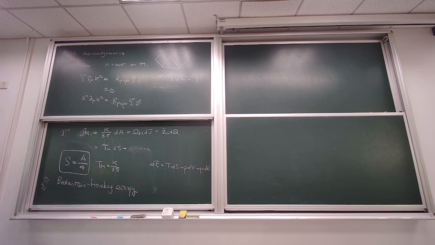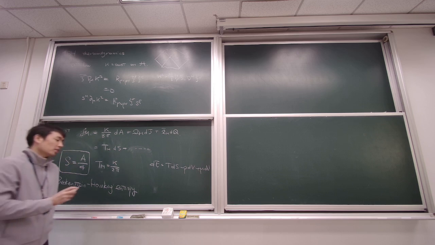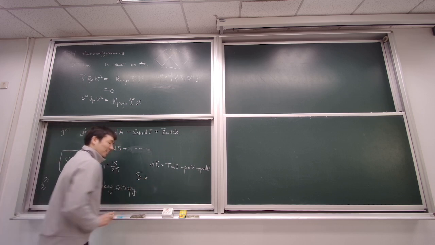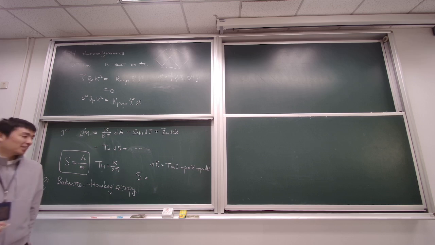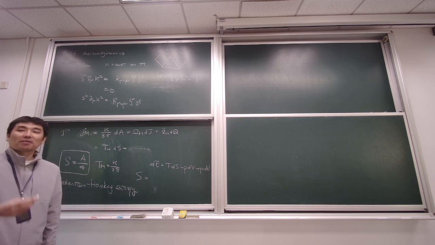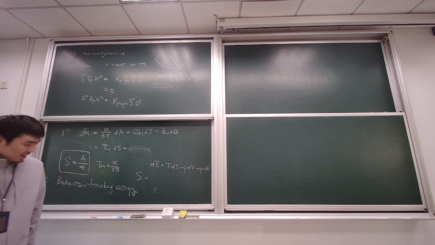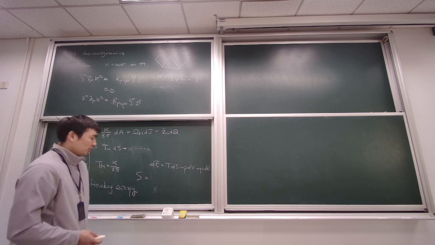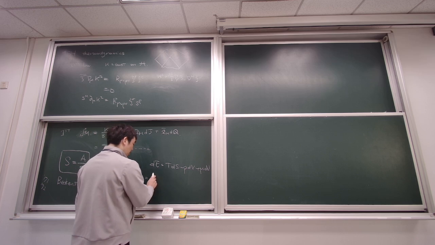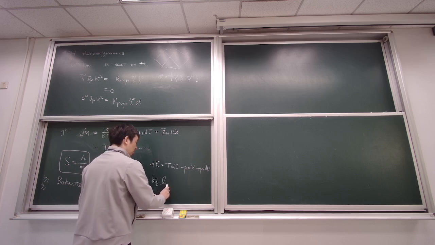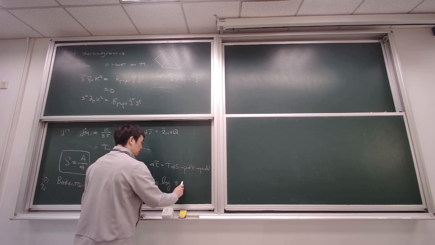And then from the derivation, since this is thermodynamics, to go from thermodynamics to statistical mechanics, entropy has something called k_B, Boltzmann, log of the number of states.